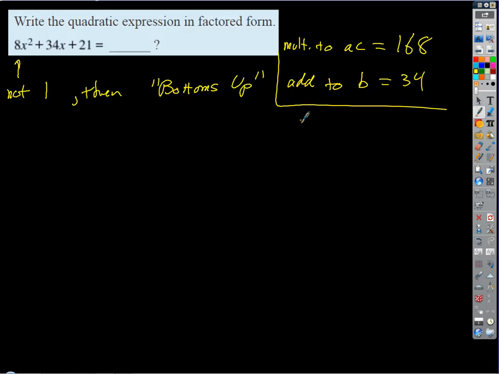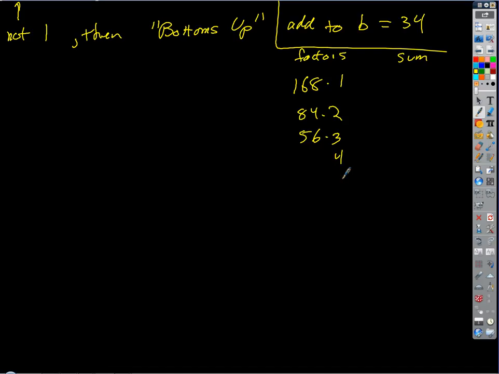So we could do 168 times 1. Well, that obviously doesn't work. If I divide that by 2 and multiply that by 2, I get 84 times 2. That's way too big a sum. 3 goes into that 56 times. Still way too big, right? How do I get the 4? Well, if I multiply this number by 2, don't I have to divide that one by 2?